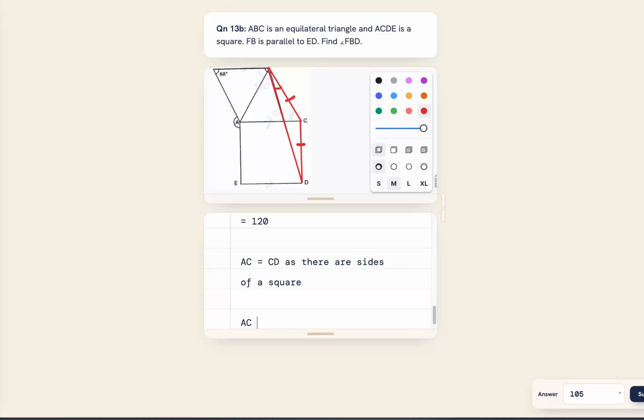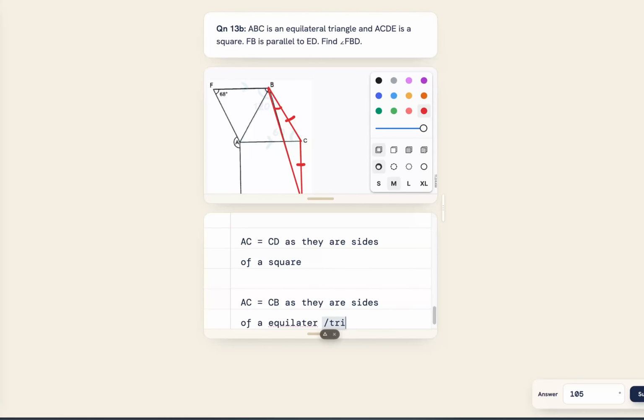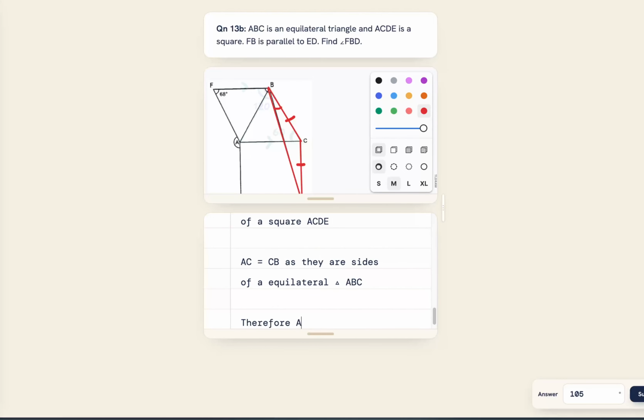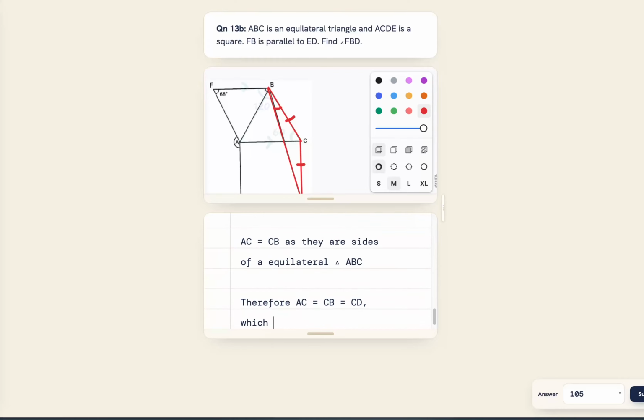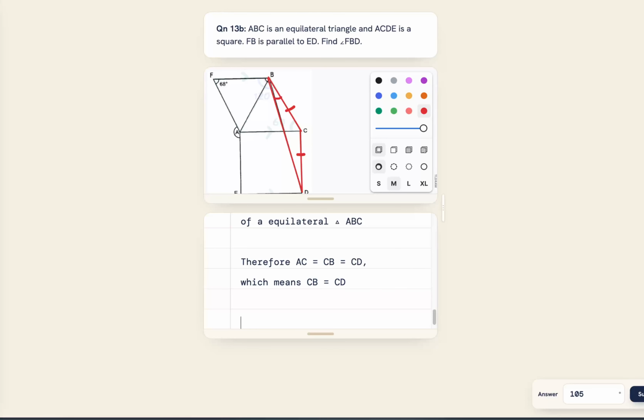And AC is equal to CB, as they are sides of the equilateral triangle ABC. Therefore, AC is equal to CB, which is equal to CD. Oh, sorry, CD is equal to CB, which makes BCD an isosceles triangle.